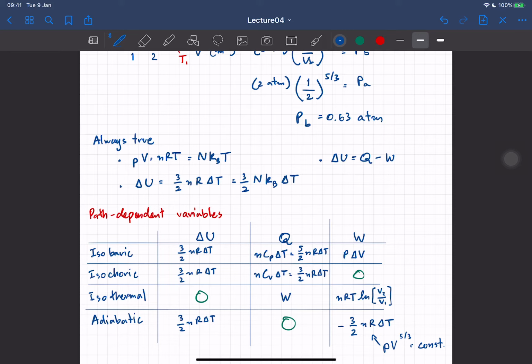All right, so this is the summary of what we have talked about in this lecture and also the second half of last lecture. This is what we're going to use to talk about an even more important thing.